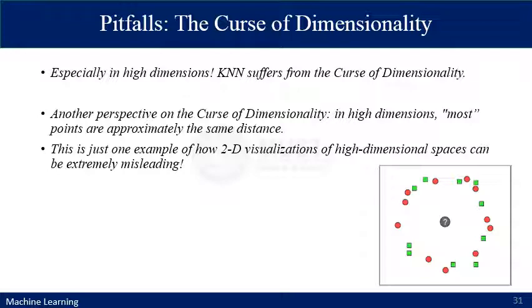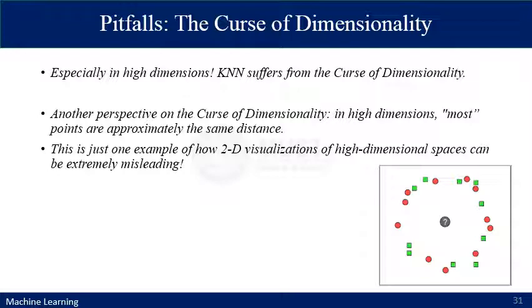Especially in high dimensions, k nearest neighbor suffers from the curse of dimensionality, because as the number of dimensions or features increases, you have to calculate the distances for the predicted example with each feature of the training set. Therefore, KNN may suffer with increasing dimensionality.